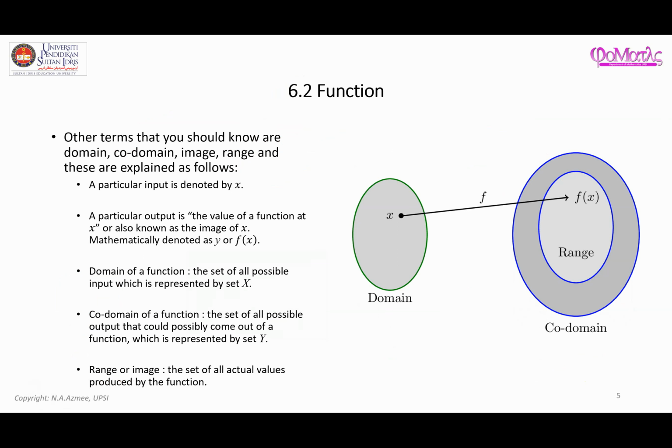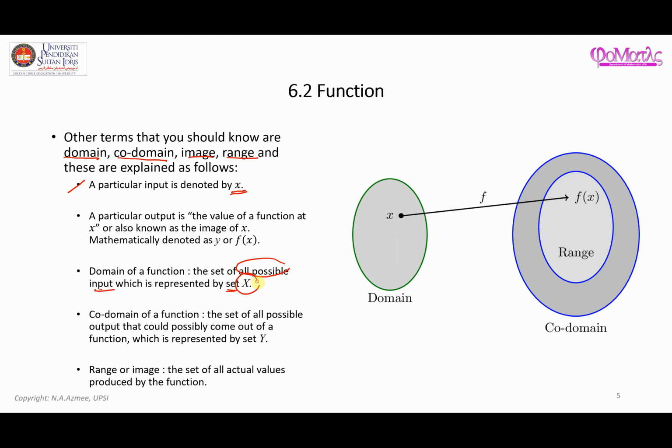So other terms that you should know are what we call domain, codomain, image, and range. And these are explained as follows. So the first one is input. What is input? When you talk about a particular input, it is usually denoted by X. But when you have a collection of all possible input, it will be represented by a set.